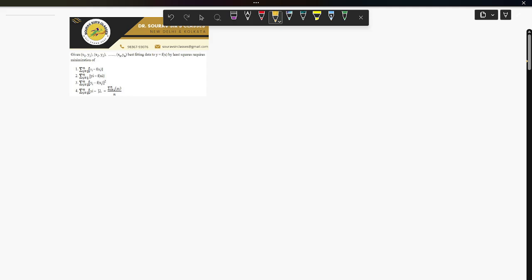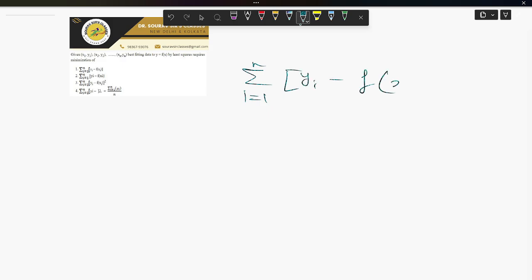So given the data points x1, y1, x2, y2, ... xn, yn, the least square method minimizes the following quantity: summation i equals 1 to n, then it will be yi minus f of xi. So this has to be our result.